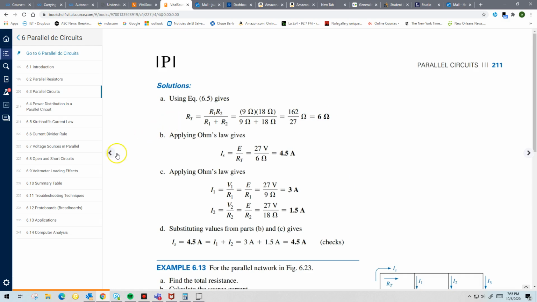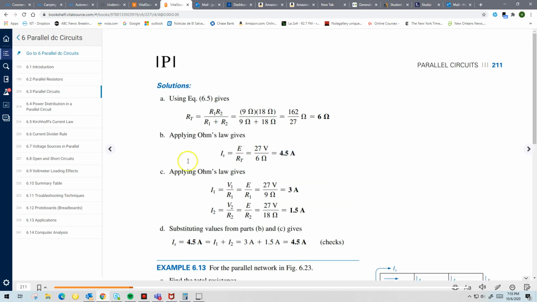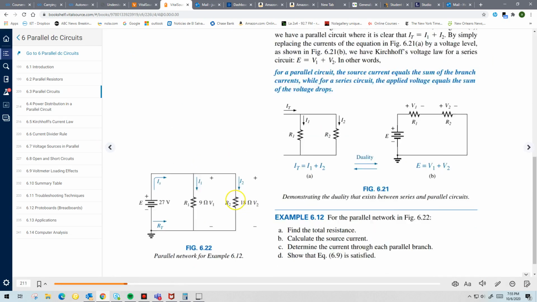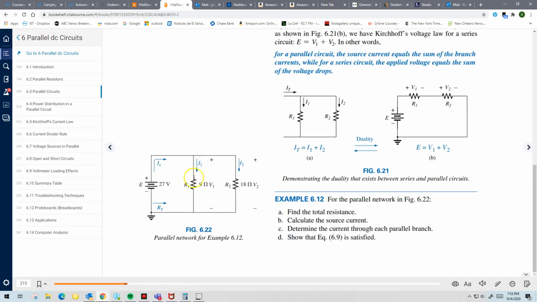Now it says find the source current. Since the voltage is 27 volts, if we divide by the total resistance, it gives us a source current of 4.5 amps. Then if you want to know the individual or branch currents, we have 27 volts across R1 and 27 volts across R2.